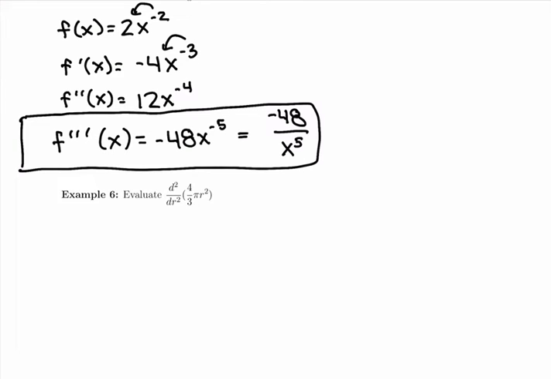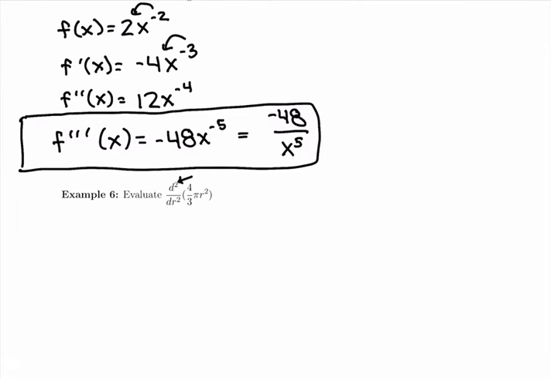So our last example of just finding a higher order derivative, we have d squared of 4/3 pi r squared over dr squared. Let's figure out again what this means. This is doing one of those definitions that we talked about earlier.